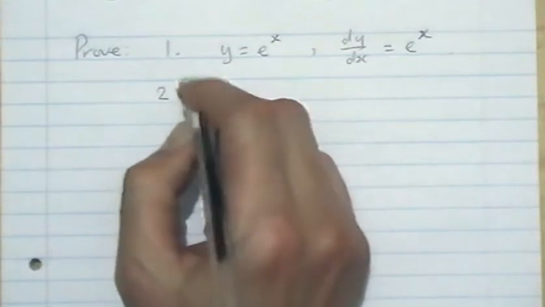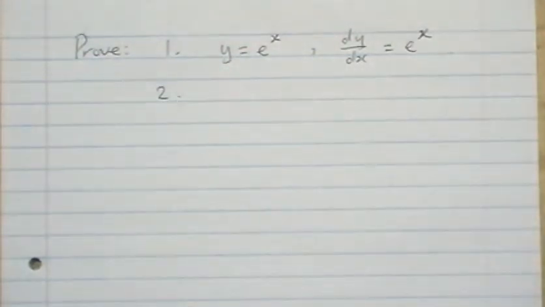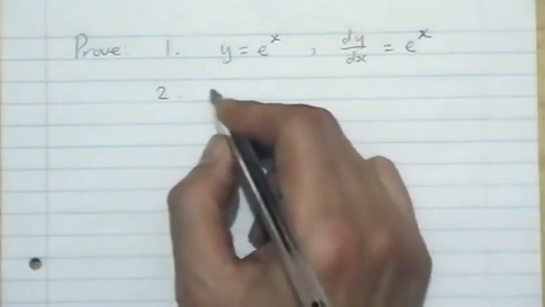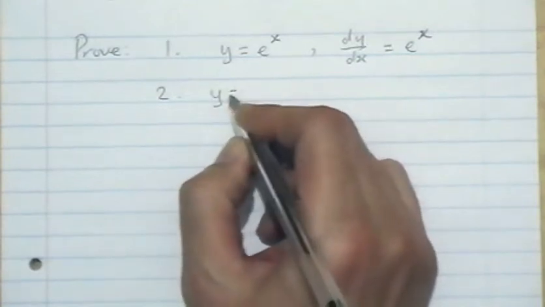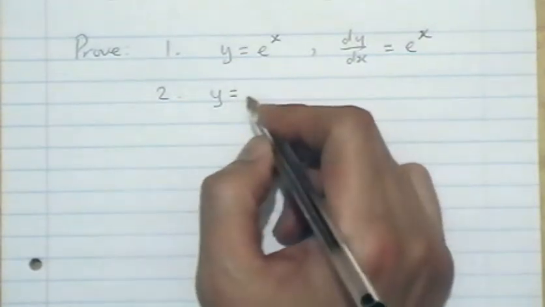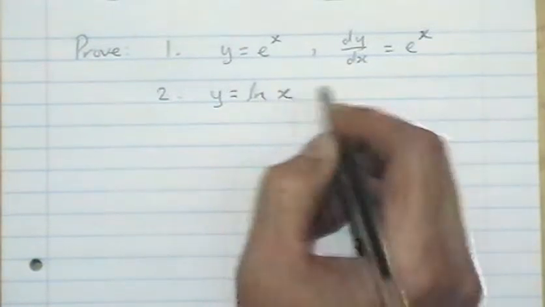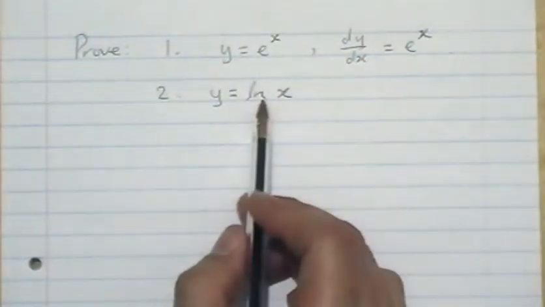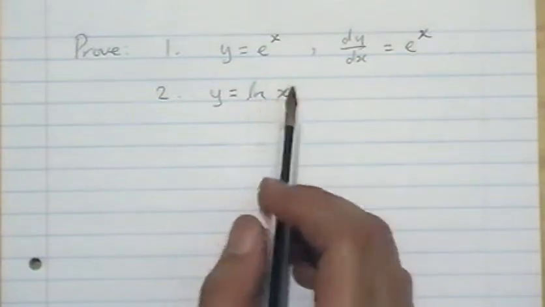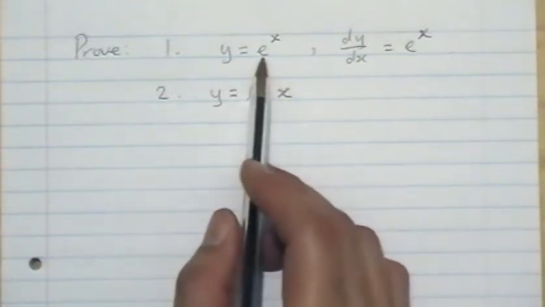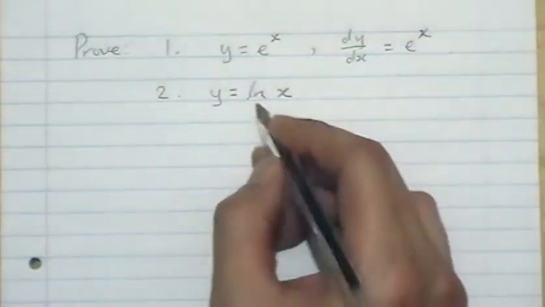Number two, I want to prove that if y is equal to ln x, where ln here is the natural log, meaning the log with a base that is equal to e.